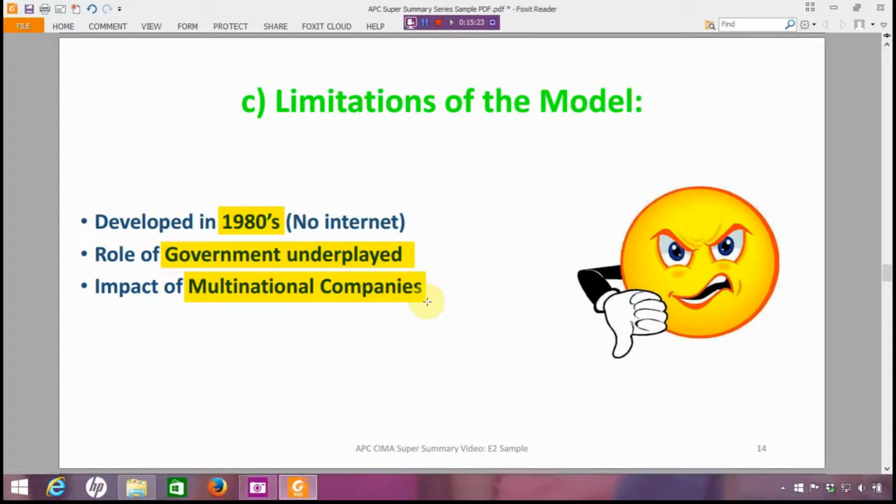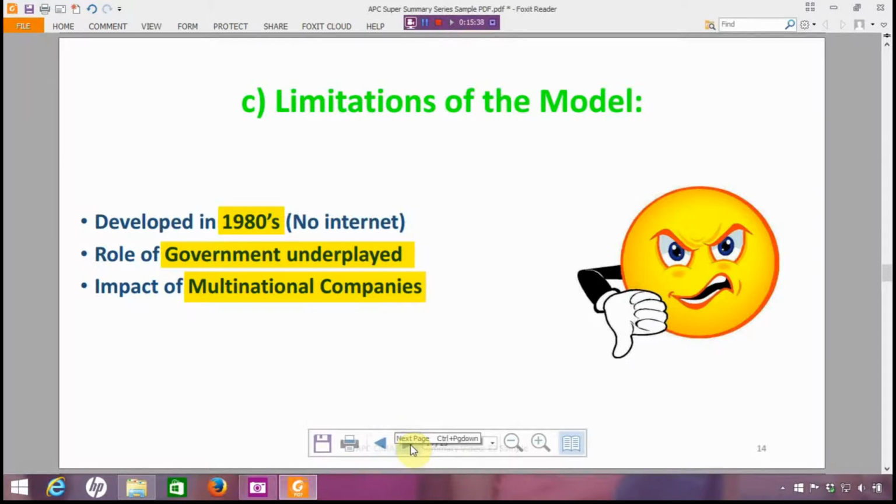They may not be overly bothered about whether or not a particular country or firms within it have access to technical know-how. They'll bring their own. Okay, so do be aware of limitations, not just with Porter's Diamond, but with any model.